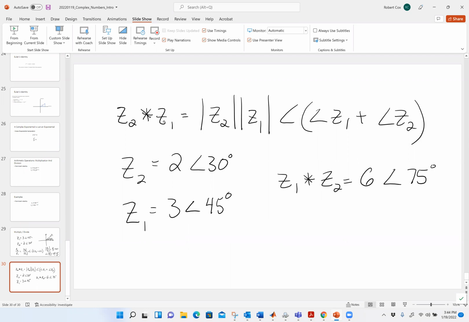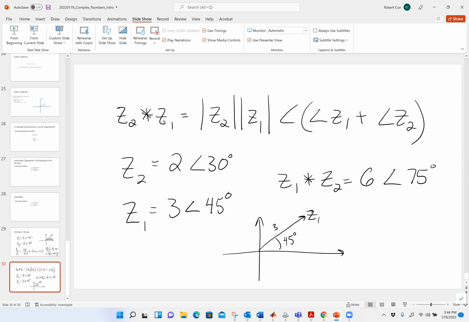So this is pretty straightforward stuff. In a lot of ways, you guys have probably seen a lot of this vector manipulation before, right? One thing we should probably say, somebody talked about putting stuff into its components, right? So 3 angle 45 degrees. Let's say this is Z1. This is 45 degrees, and this length here is 3.